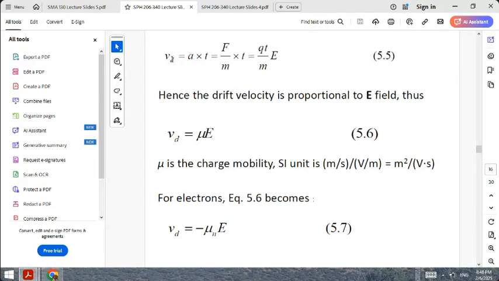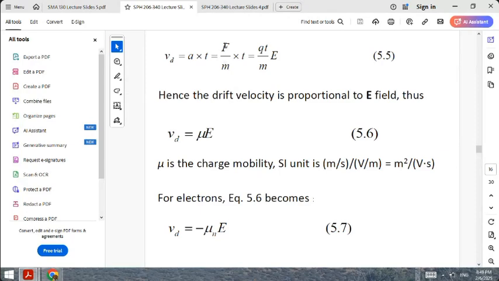What is acceleration? It is velocity divided by t, so velocity will be acceleration times t. And from Newton's second law of motion, acceleration is force divided by mass.